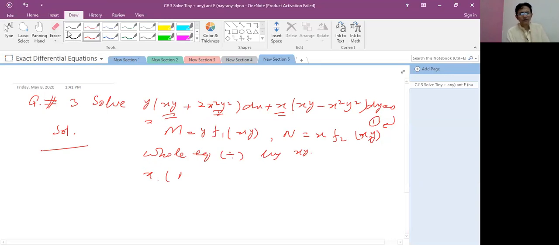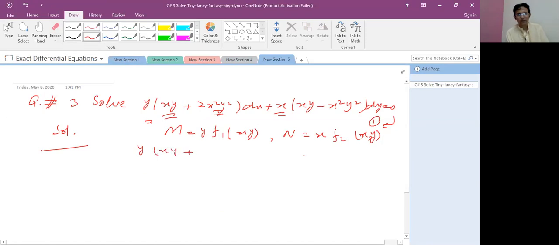Or in another way, if we take common, first we write the equation 2x square y square into dx plus x times xy minus x square into y square into dy equals to 0.